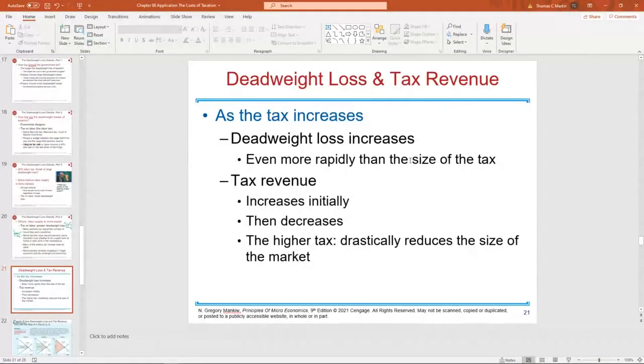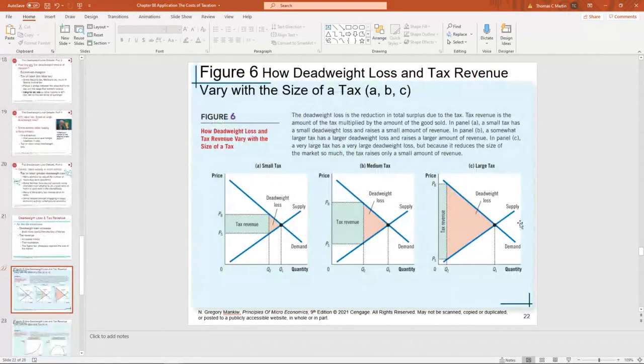As taxes increase, the deadweight loss increases. We saw that right here. The government did it with cigarettes. They can do it to alcohol, beer. I've got several papers dealing with legalization of marijuana.